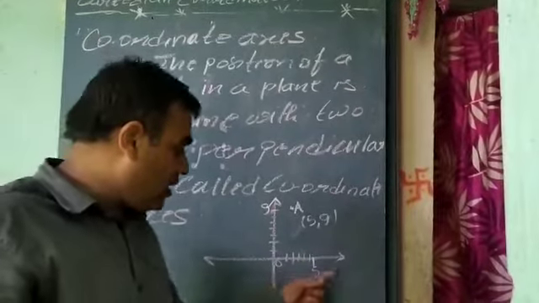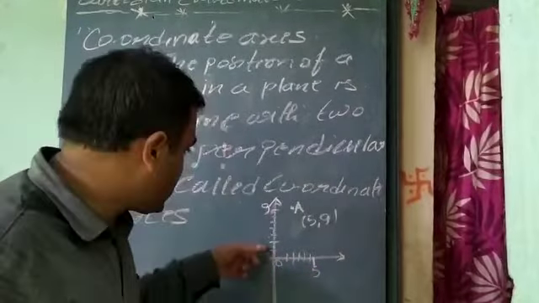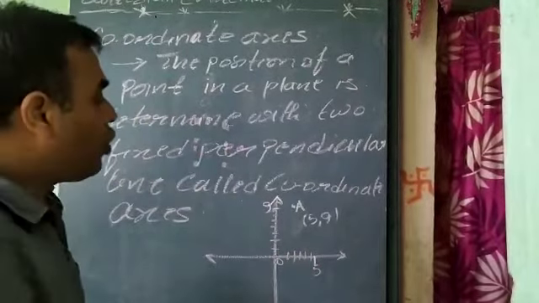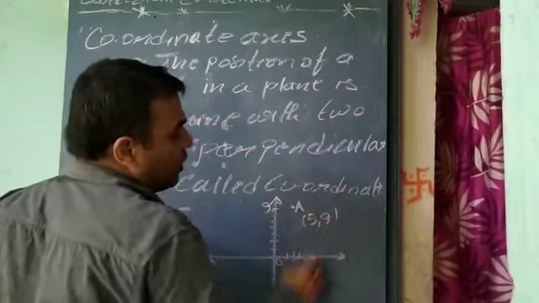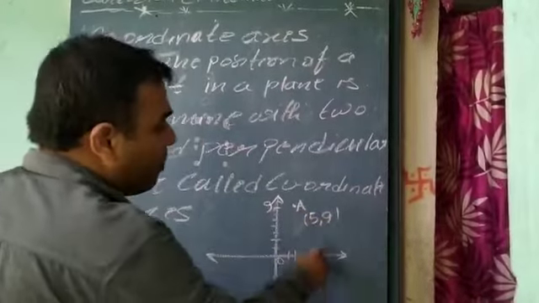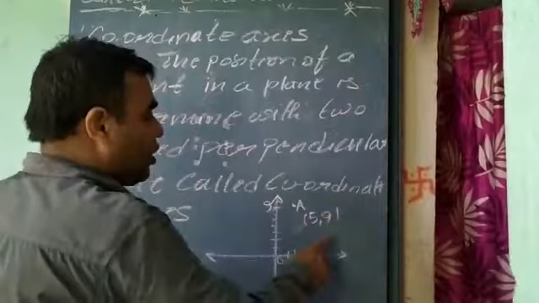So here it is a length and a breadth, represented by real numbers, 5 and 9, which are in order.